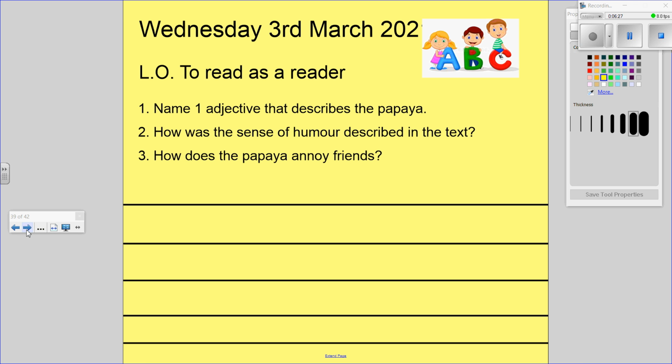Now, we've looked at how to read as a writer, and now we're going to have a look at how to read as a reader. To read as a reader, we answer some comprehension questions about the text. So we're unpicking the text a little bit more and making sure we understand it.